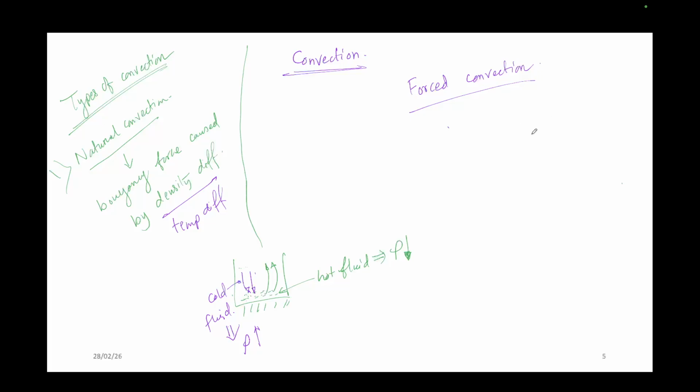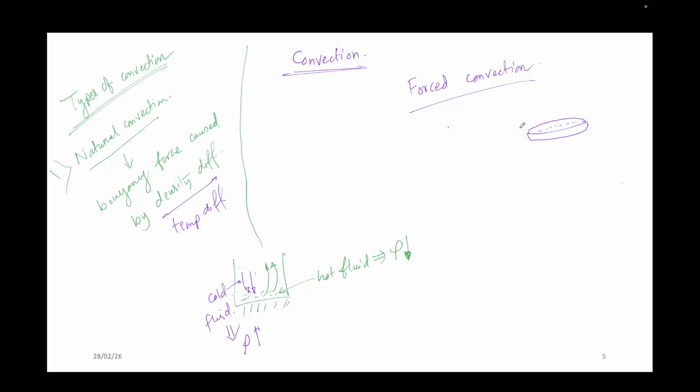Like if I talk about a cup of tea, if you pour this tea in a plate and just keep it at room temperature, it will cool, but only because of natural convection, right?